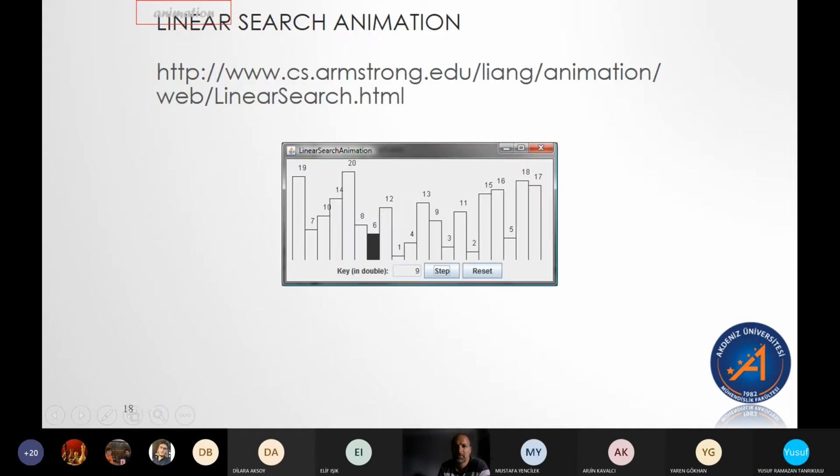There's a search animation. I encourage you to look at some of the animations available on Wikipedia and places like that, to see how these searching algorithms work. So here in this example, they talk about the linear search. Let's say what we were looking for was the value 9, which is what they show in their example here.